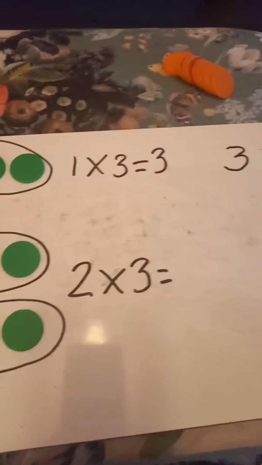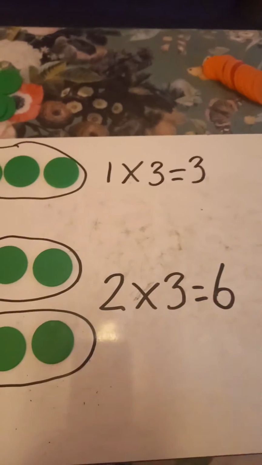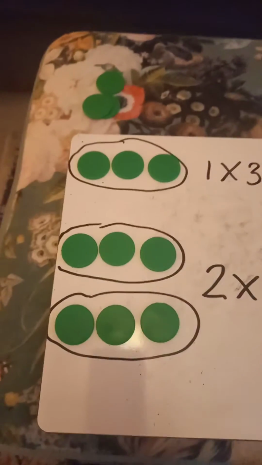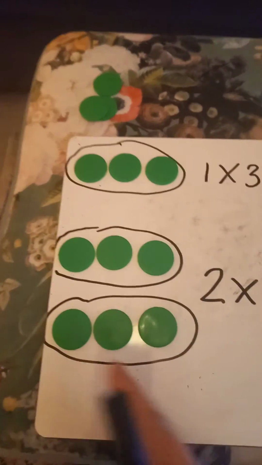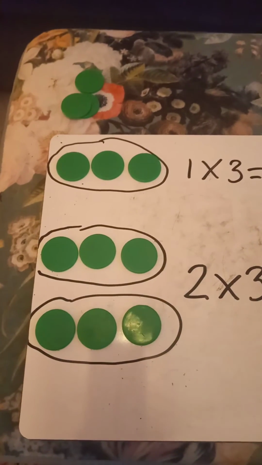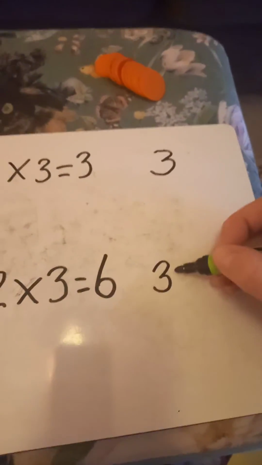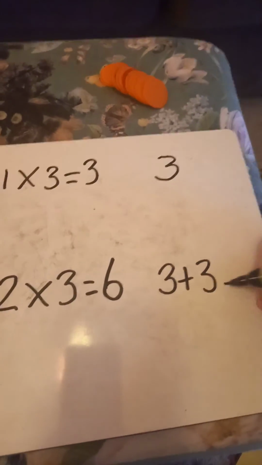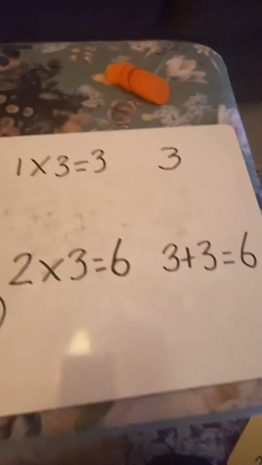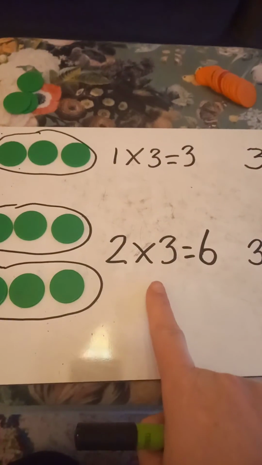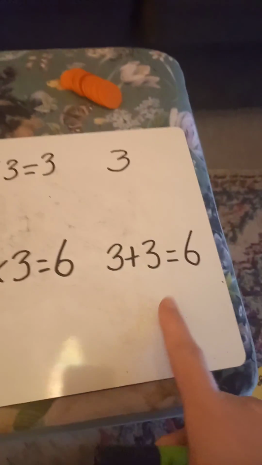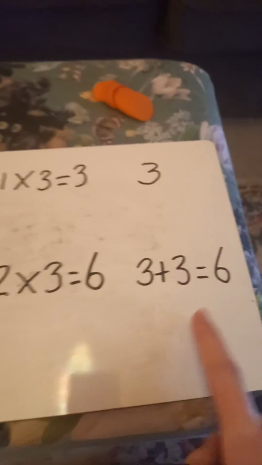And we can either count up our groups of 3 or count in our 3's to get the answer of 6. Our repeated addition this time that matches the same display, the same visual representation, would be 3 plus 3 equals 6. So there you can clearly see the link between the multiplication and the repeated addition.